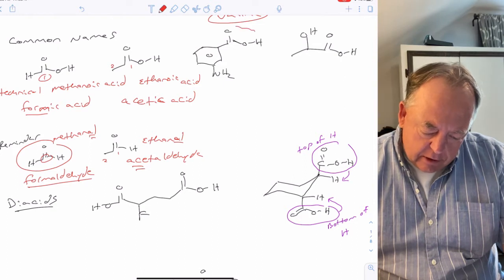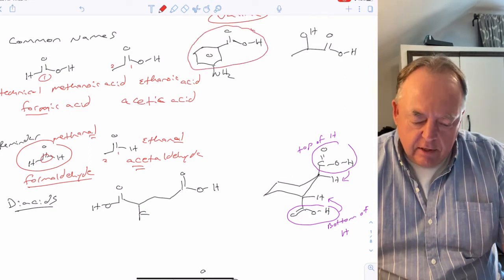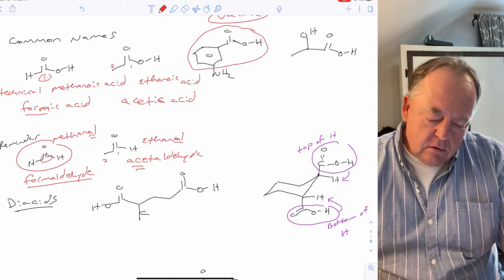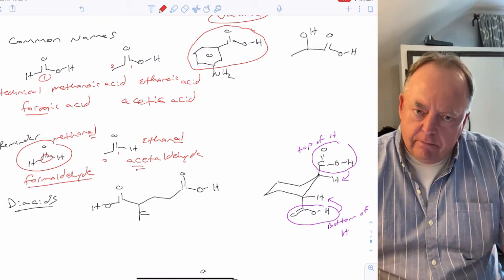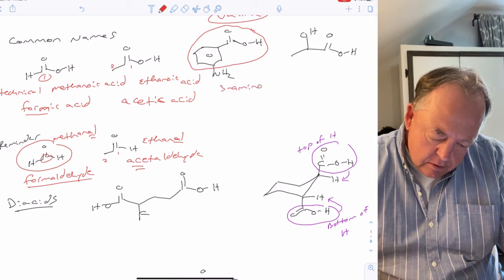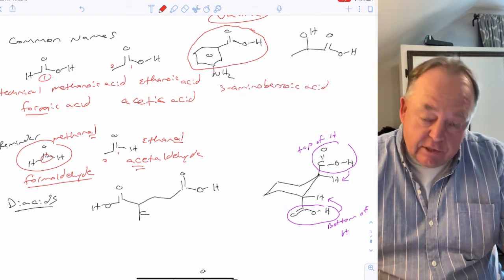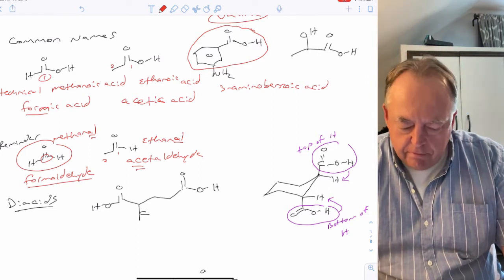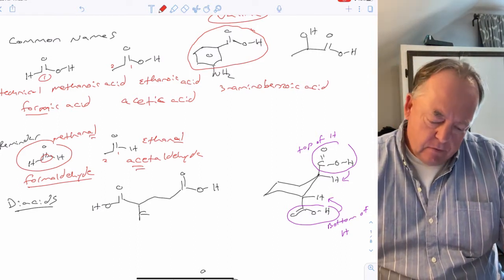Okay, so this next one again is a common name, benzene with 1 carboxylic acid attached to it. That would be benzoic acid. So this would be 3-amino benzoic acid, or meta-amino or m-amino.